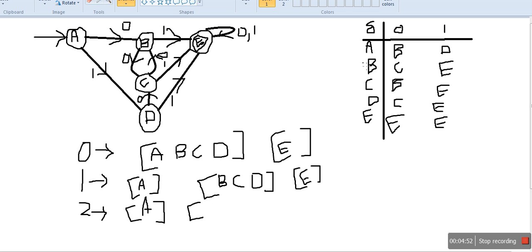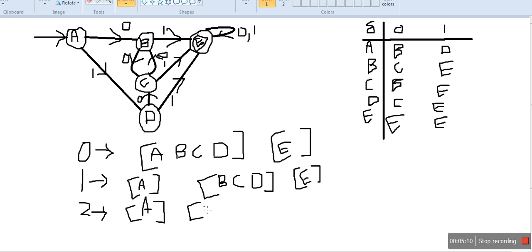B on 0 goes to C and C on 0 goes to B. C and B are in the same class in the step just above, so no problem. B on 1 goes to E, C on 1 goes to E, so no problem.